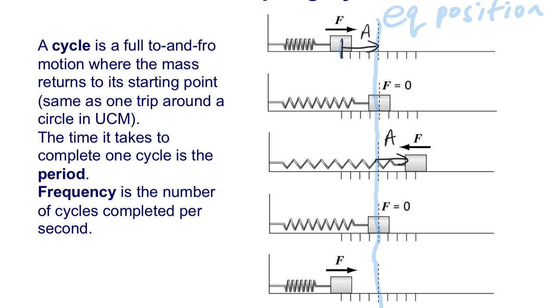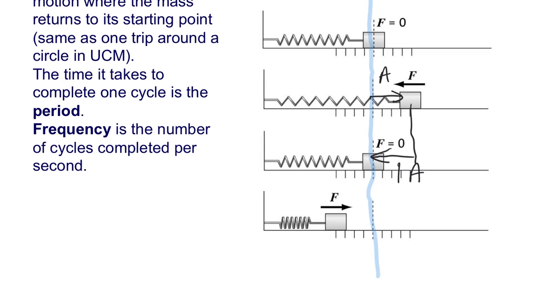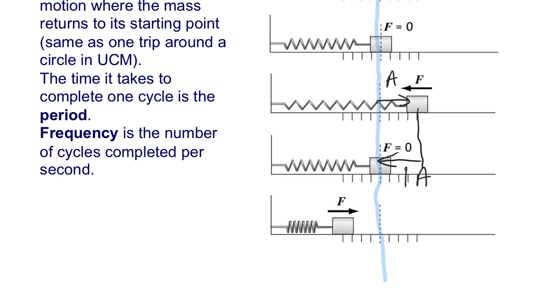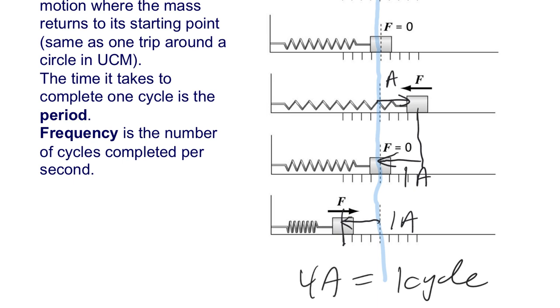And then from there back to here is another amplitude. And then as it moves from there back to there is another amplitude. So add these up, I got 4 amplitudes is 1 cycle. So 1 cycle has been performed, 1 oscillation, 1 back and forth.